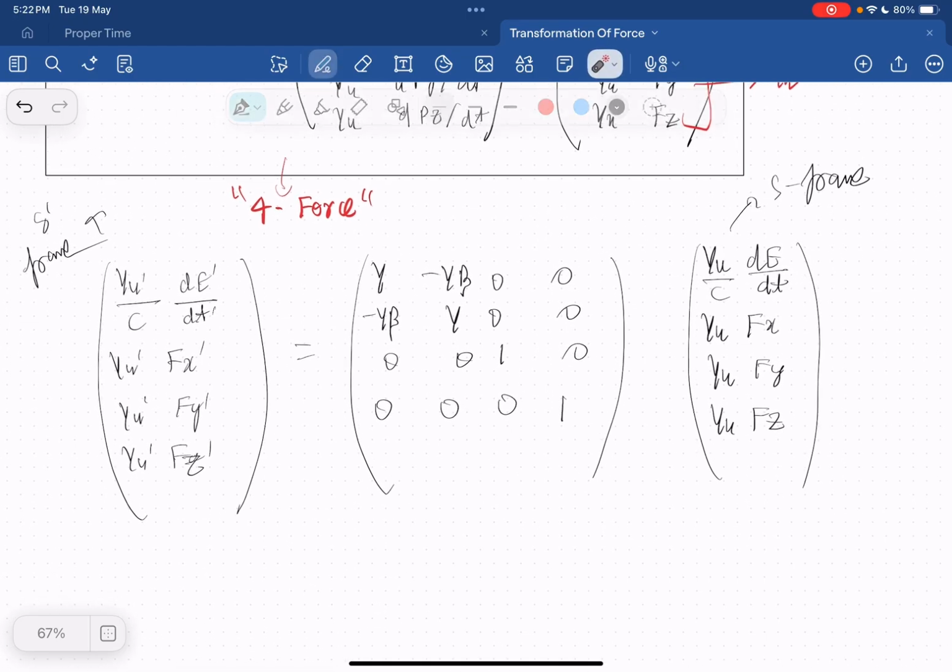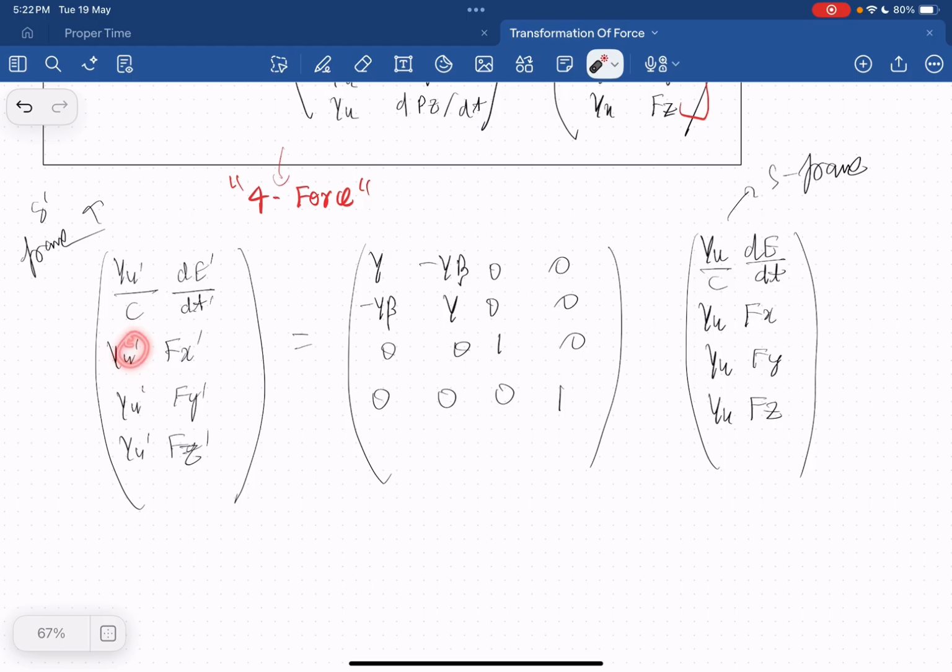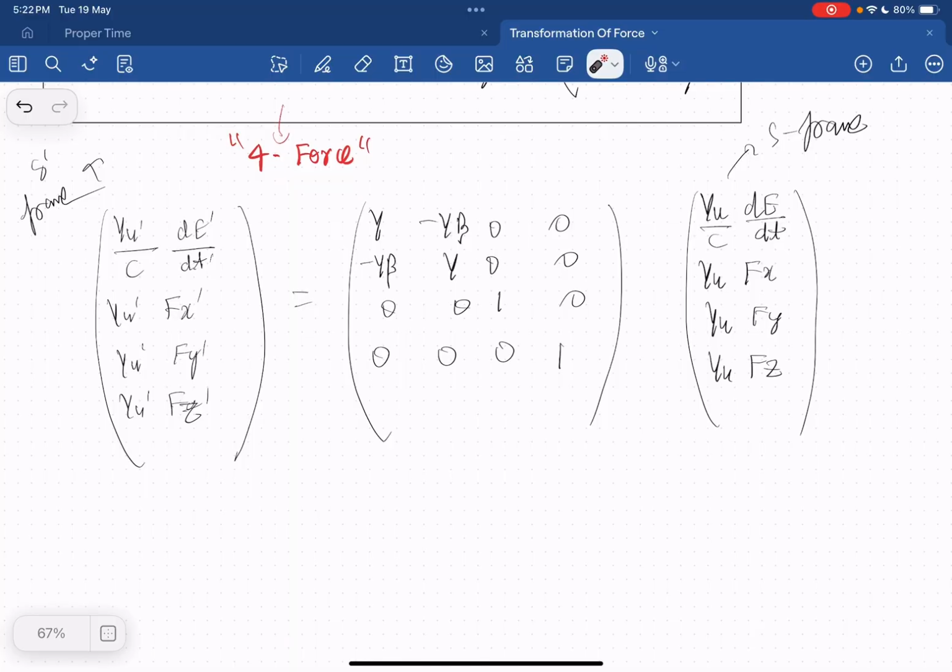Remember, this u prime is the speed of the particle in S prime frame, and u is the speed of the particle in S frame. So if you know it in one frame, of course, by velocity transformation, you can find it in another frame. So remember to also put primes on all the u's that you have in the components of the 4 vector, right?